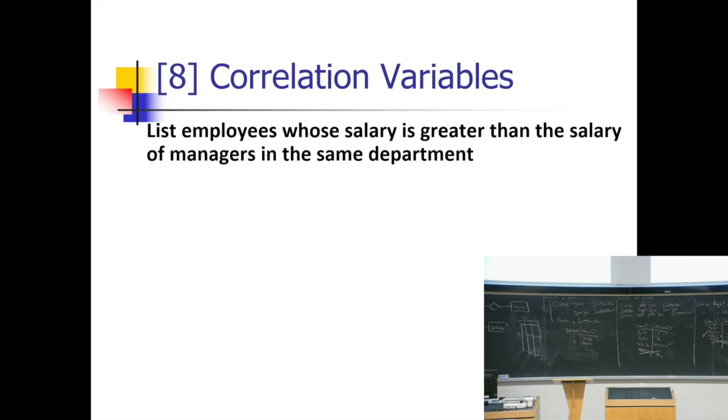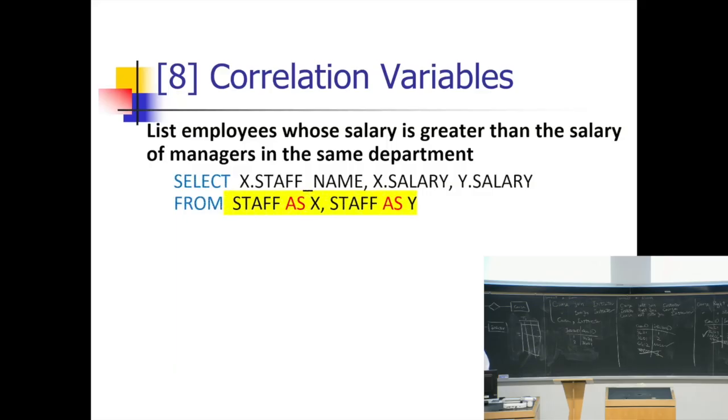That is when we talk about correlation variables, or joining tables with itself. Okay? So in this case, we want to compare the salary of staff with the salary of their managers. But they are both staff, right?